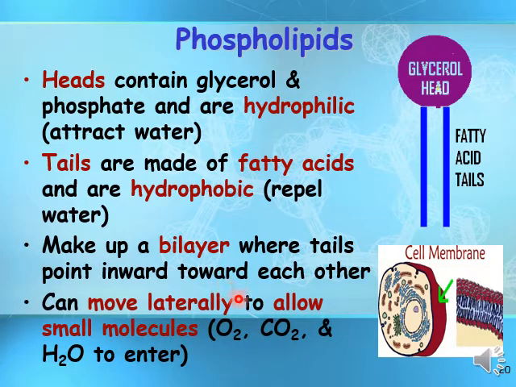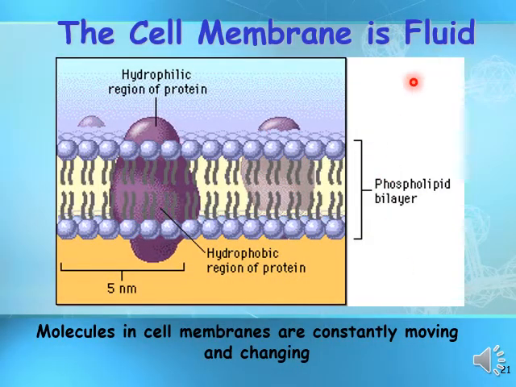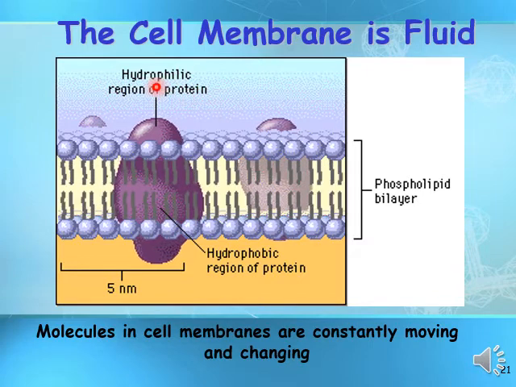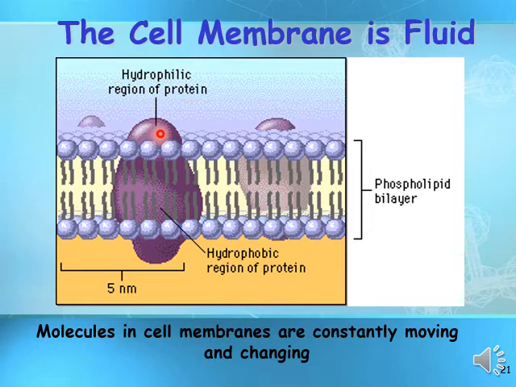Phospholipids can move laterally to allow small molecules, carbon dioxide, oxygen, and water to enter the cell from outside to inside. The cell membrane is fluid. This is the hydrophilic region of the protein.